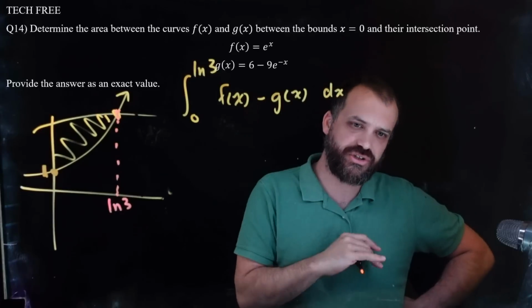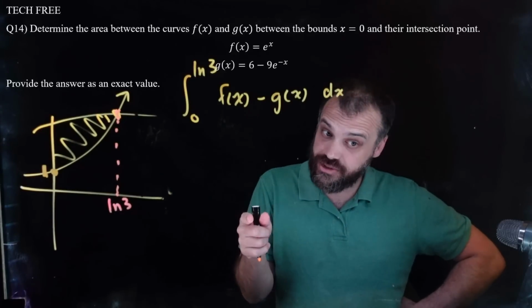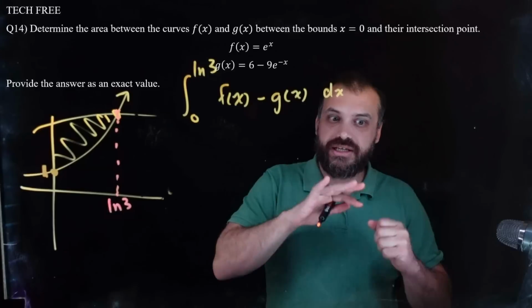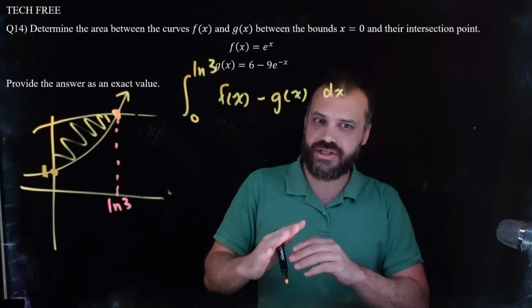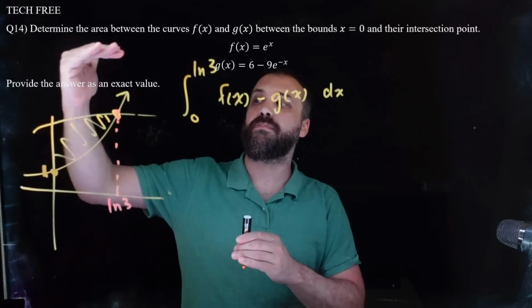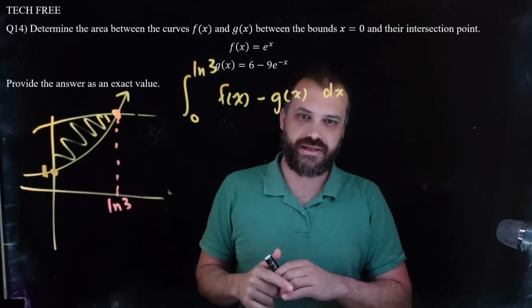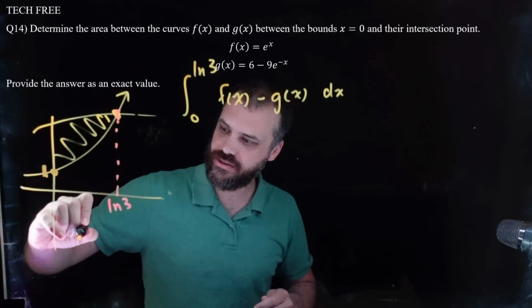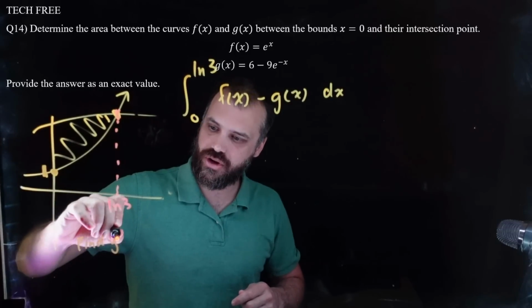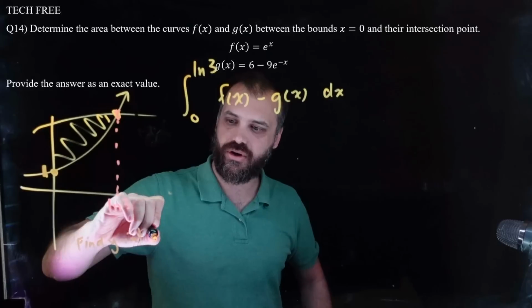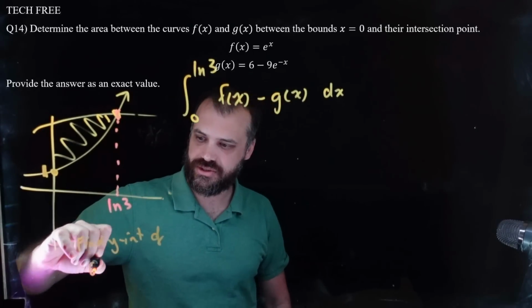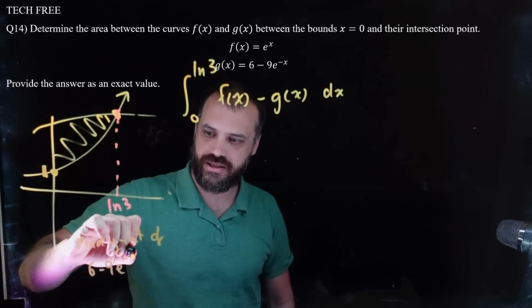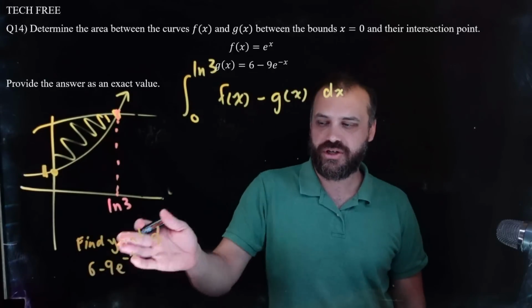I could do a bunch of function transformation to figure it out, but instead, I don't need to know exactly what it looks like. I just need to know whether it's above or below e to the x. And so the way that I'm going to do that is to find the y-intercept of the function 6 minus 9e to the negative x. Finding y-intercepts is easy.